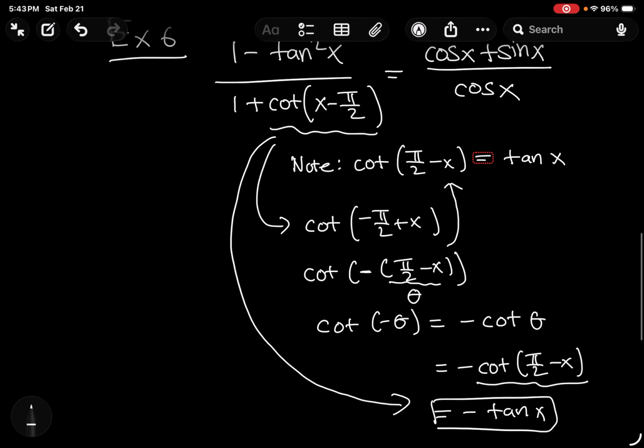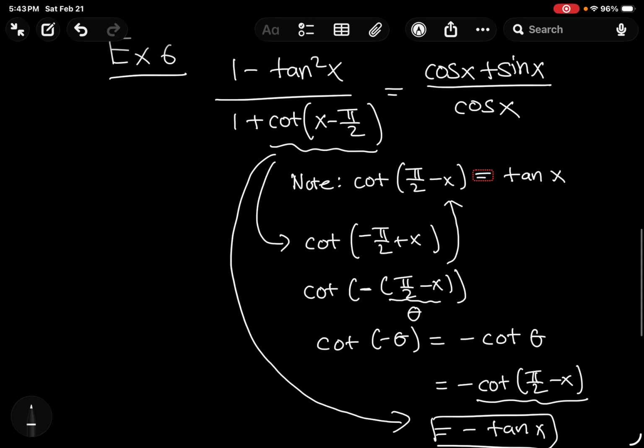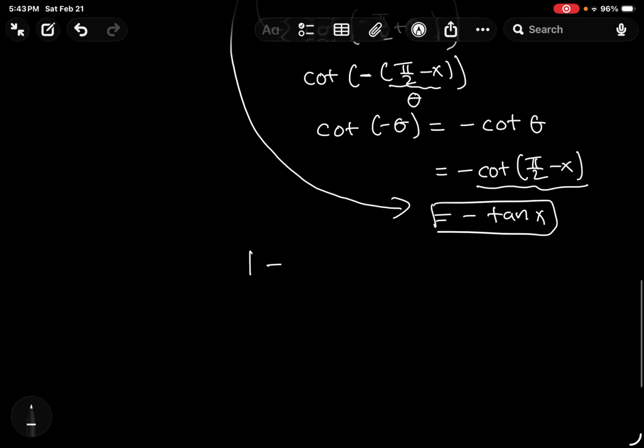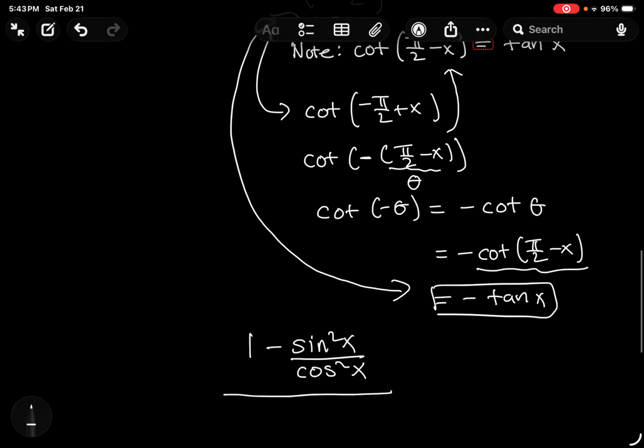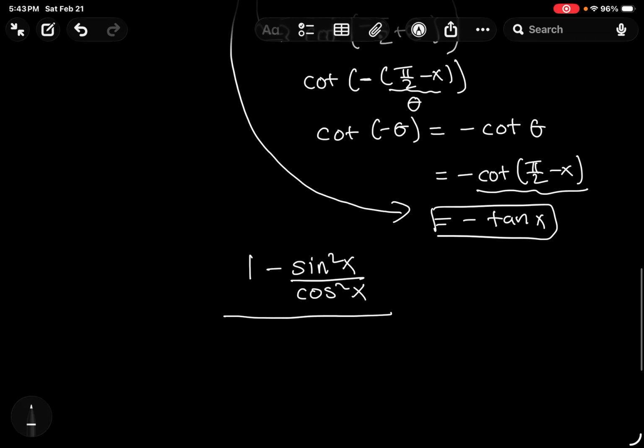All right, so let us go back to the original problem. We already know that that's going to be negative tan x. I see a tangent squared x in the numerator, so I'm going to rewrite that as 1 minus sine squared x over cosine squared x, all over what we have over here, 1 minus tangent x.